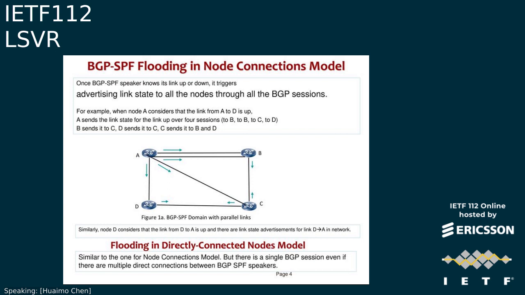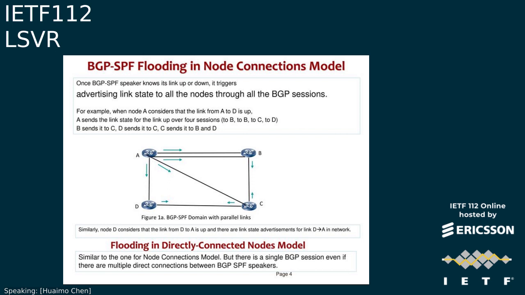For example, consider this simple topology. When node A considers its link, for example the link from A to D, to be up, node A will send this link state about the link up to all the peers through all the sessions.